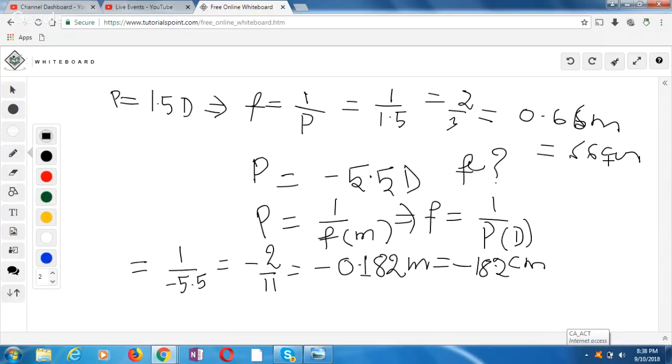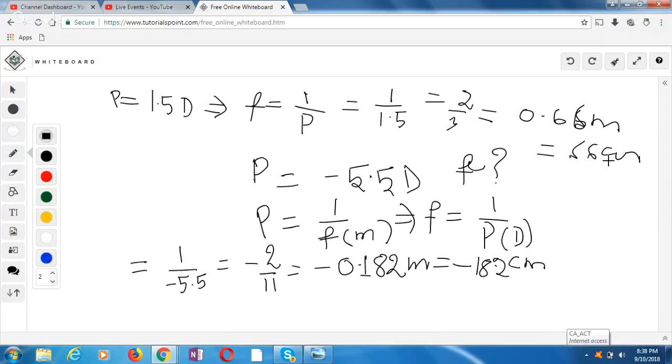What did I mean by least distance? If any person wants to see something at less than 25 centimeter, he needs to contract his eyes with strain. Looking at that particular object without strain would not be possible.